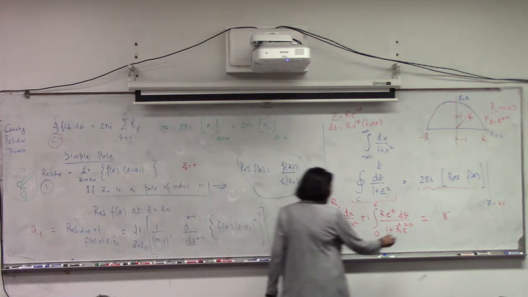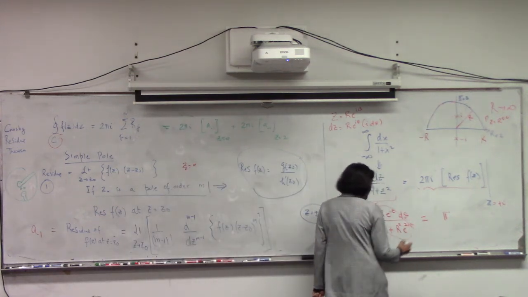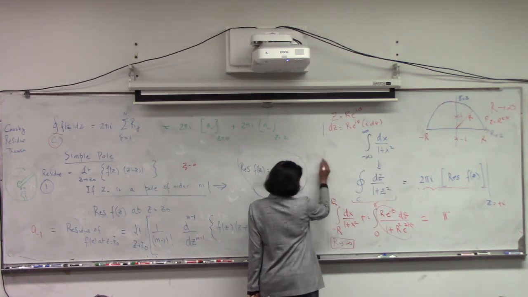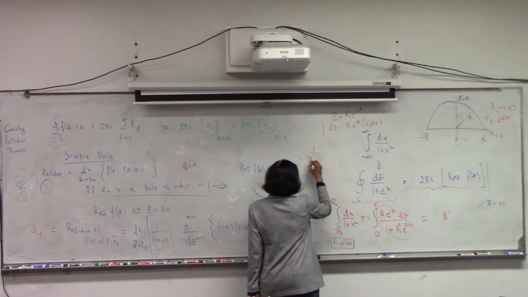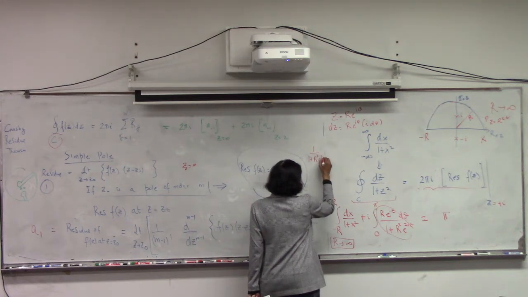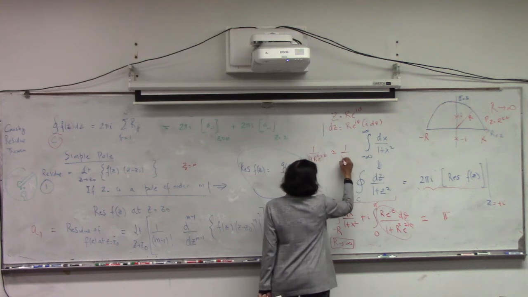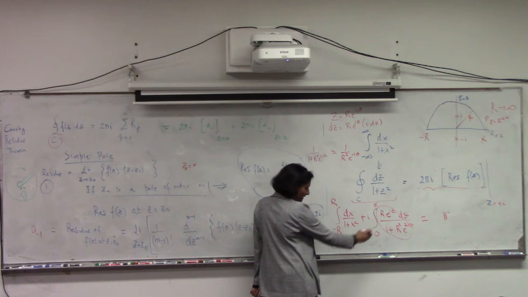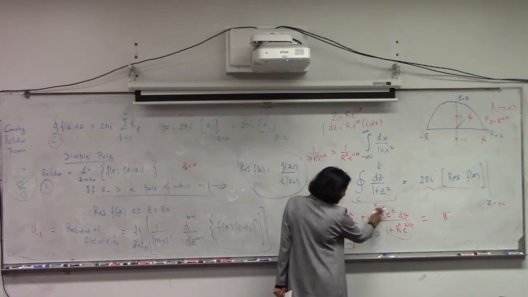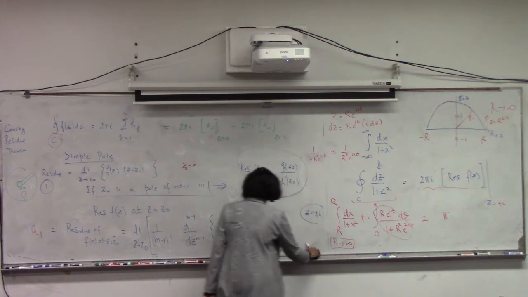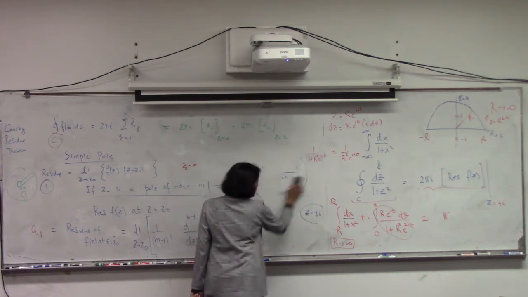So the integrand is approximately 1 over r squared exponential of 2i theta. I can write it like that. So it is 1 over r times all those things.